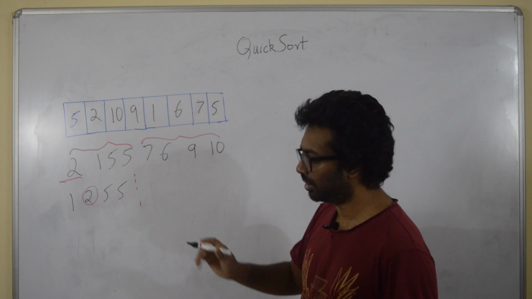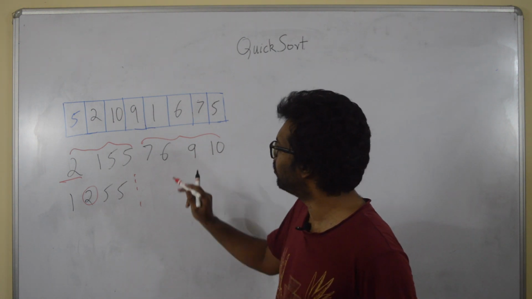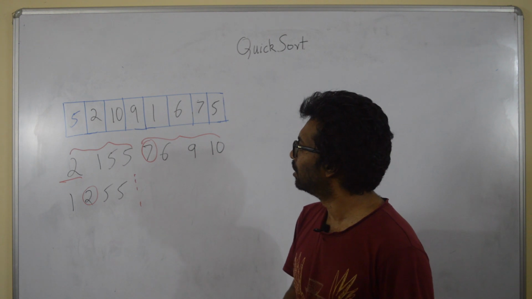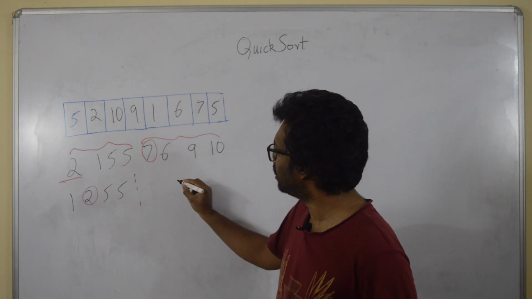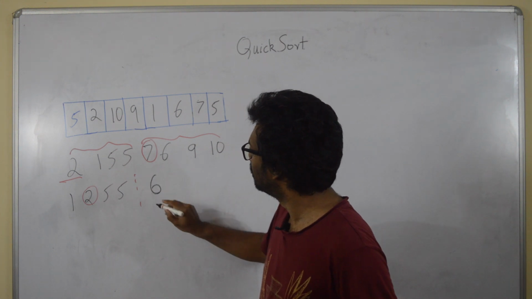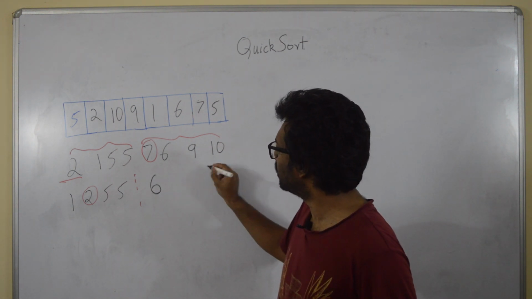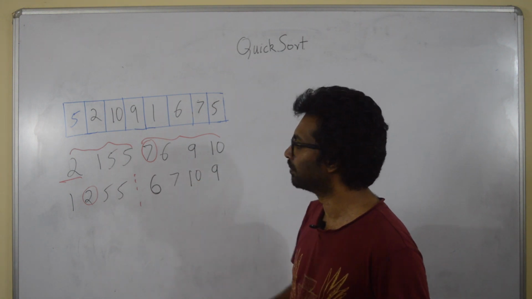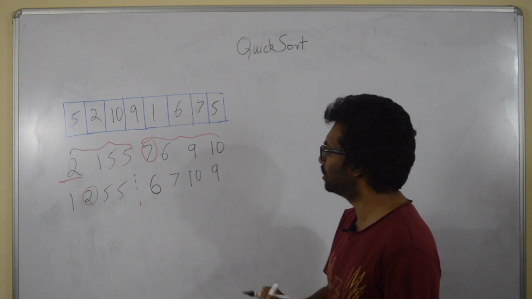On the other hand, let's come here. Which is the pivot element? We are going to choose the left side of the array always as the pivot. So I chose 7 as the pivot, and then therefore 6 comes on the left, then 9 comes on the right, 10 comes on the right, and then 7 comes. Now this is my pivot.